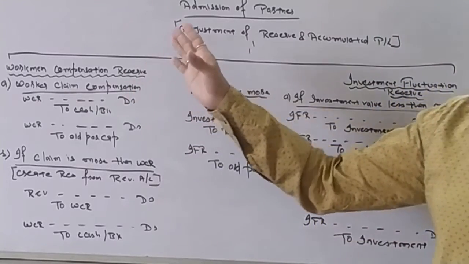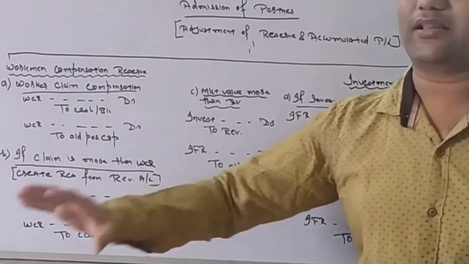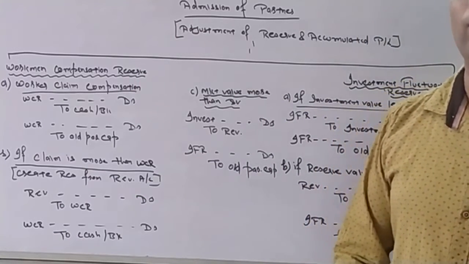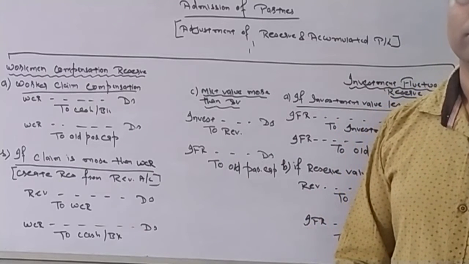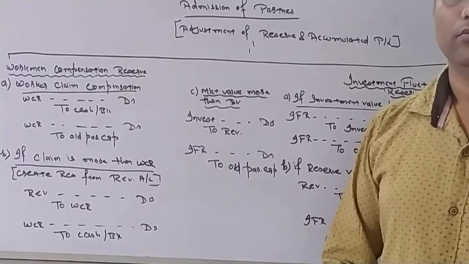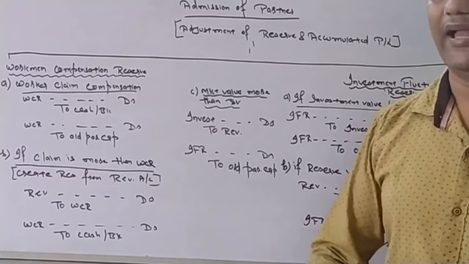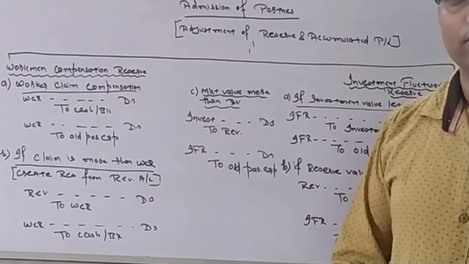Workman compensation reserve. What does it mean? We have kept aside a certain amount which will be required when any worker gets injured and claims during the work or due to the work. He gets injured, his hand got in the machine, any mishap can happen.